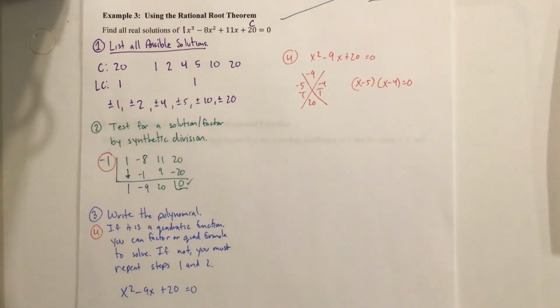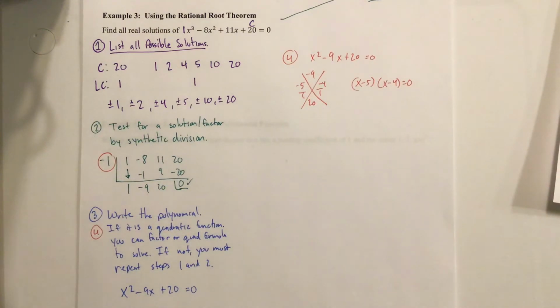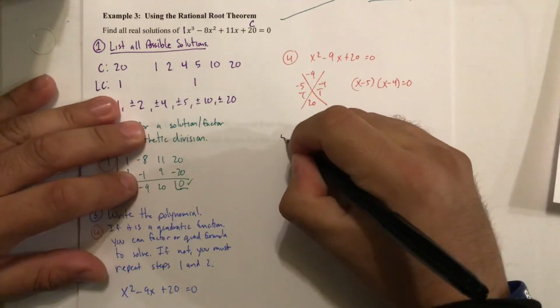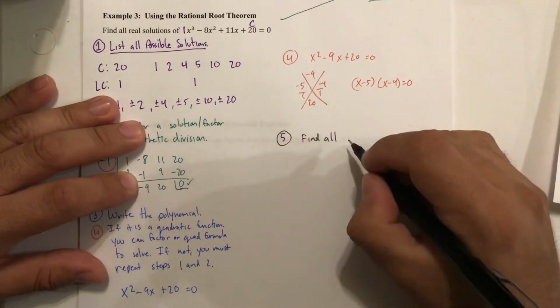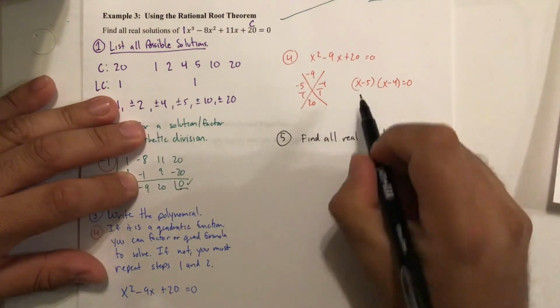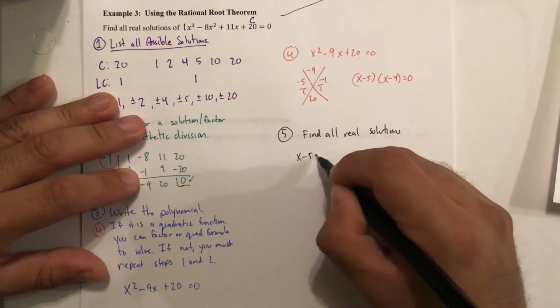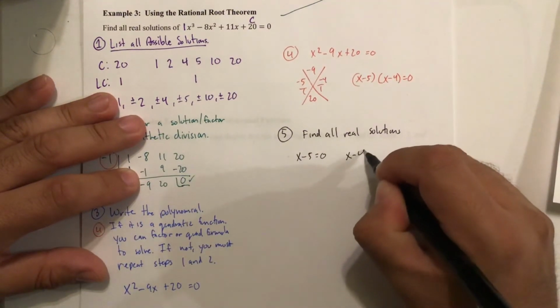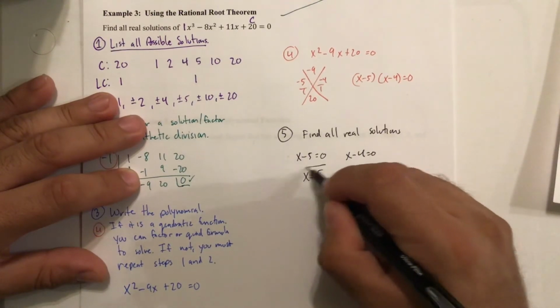And then for my last step right here, I'm going to take everything and I'm going to find all real solutions. Okay, so we take each one and we set it equal to 0. So x minus 5 equals 0. x minus 4 equals 0. So this one we add 5, we get x equal to 5.